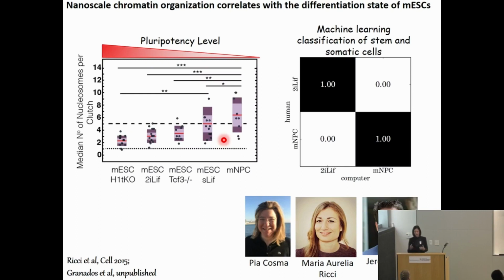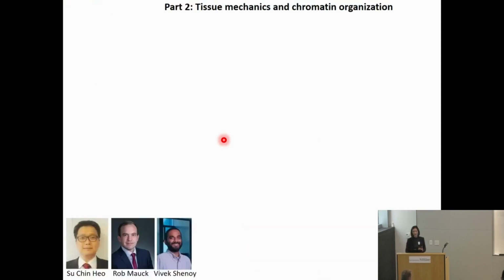Now, in the second part of my talk, I'm going to make a bit of a switch and tell you about how mechanical cues and biophysical cues impact chromatin organization. This is a new, very exciting collaboration with several colleagues at Penn. About 7 years ago, I relocated my lab from Barcelona to the University of Pennsylvania.